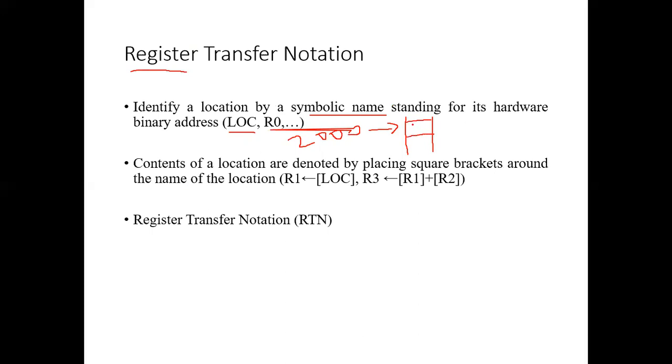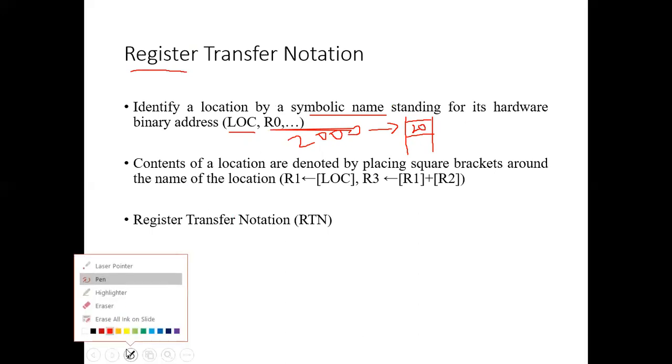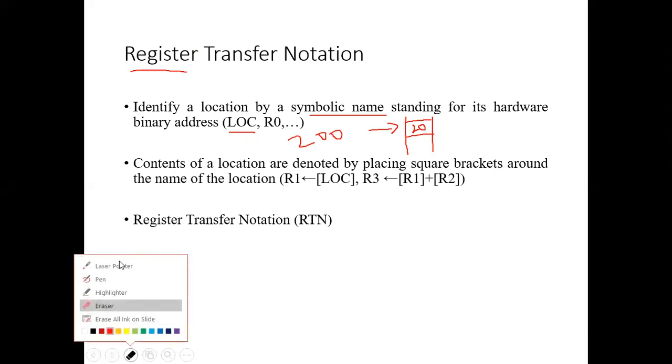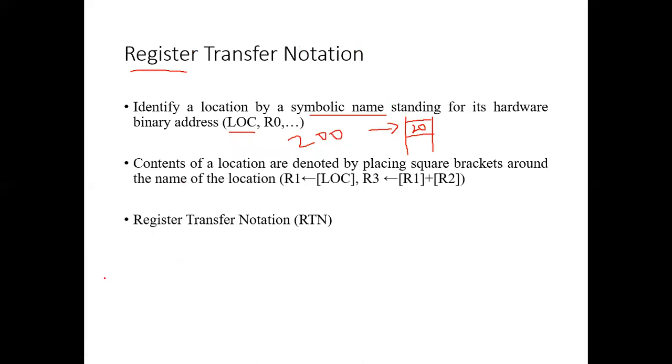The value at 2000 may be 20, then it is talking about that 20. So whenever any symbolic name is used, that symbolic name actually refers to the value in that particular location.